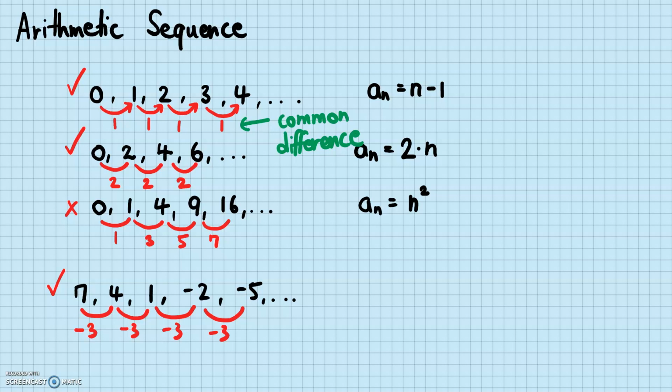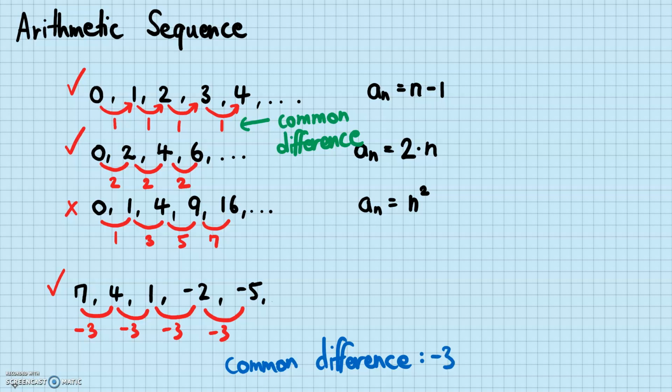Using this difference, can we deduce what the next term would be? Well, the common difference here is -3, because we're subtracting 3 each time. Notice that the sign is important for common difference.